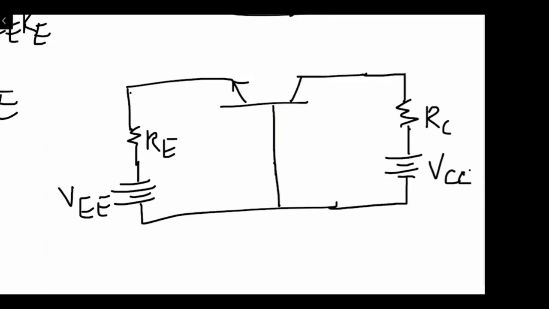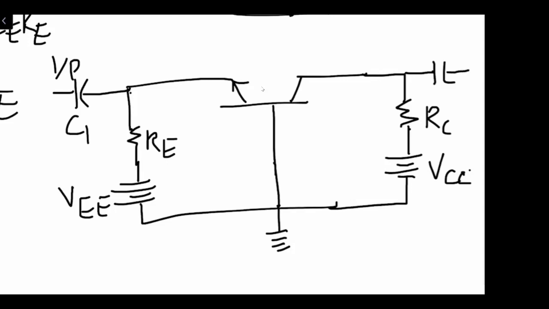And with that the base is grounded. With that we have the input which is being applied via C1, and the output is being taken from the collector side via C2, right?